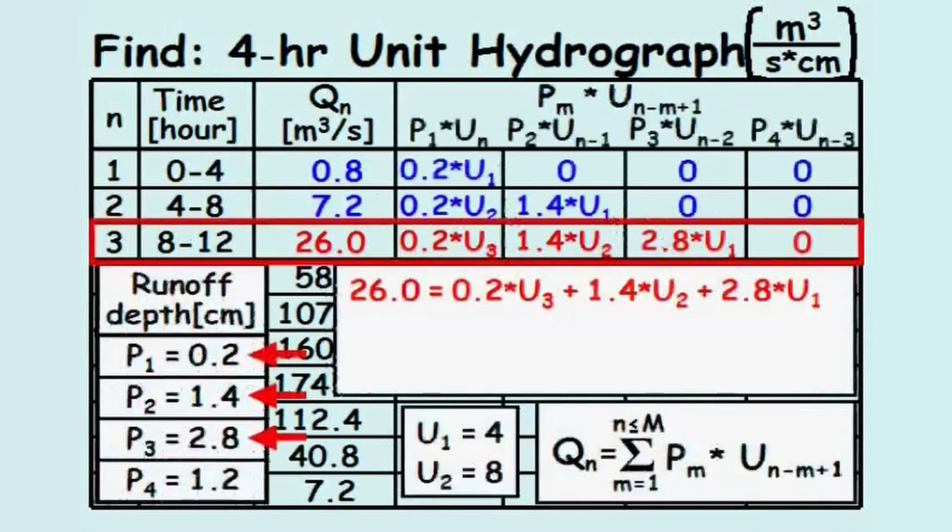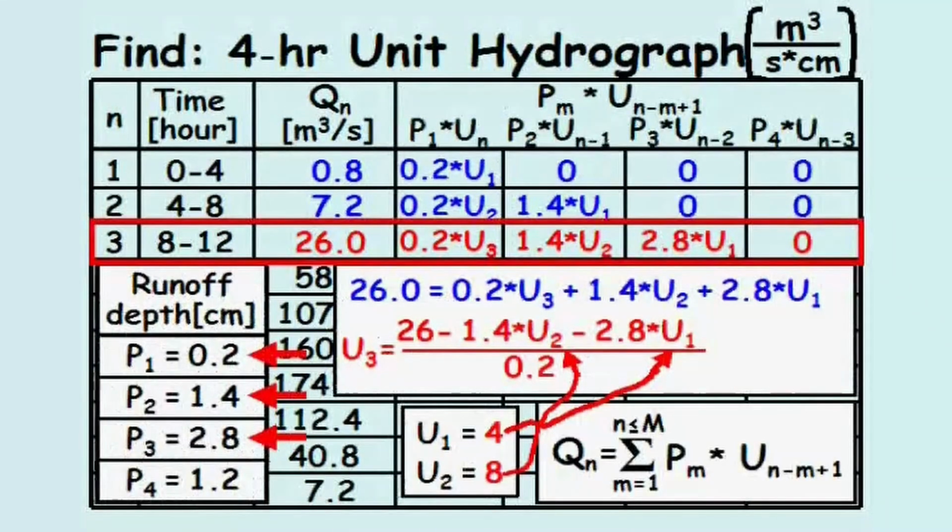For the third time period, we can solve for u sub 3 by writing out the convolution equation, plugging in u sub 1 and u sub 2, and we calculate this third unit ordinate as 18 meters cubed per second per centimeter of excess rainfall.